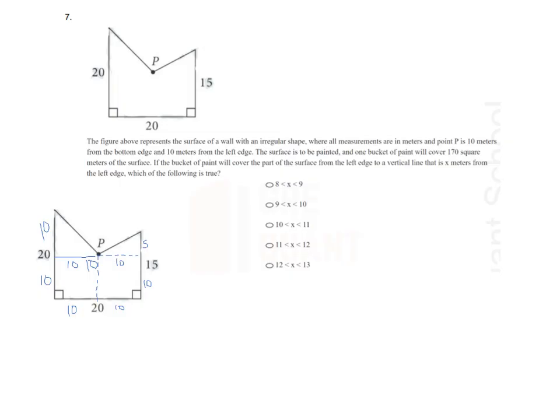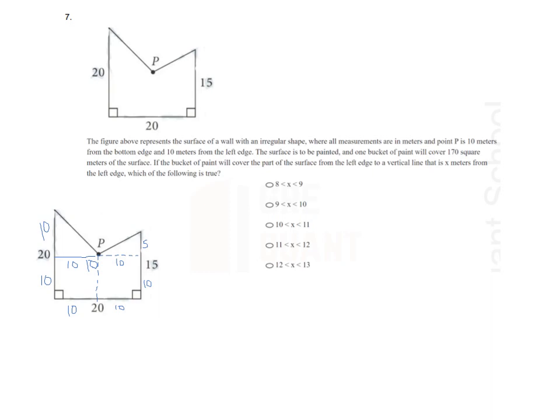So P is 10. Let us draw a line from P to the base and P bisects the base into 10 and 10. Now let us draw two more lines to the right and left from point P, and in the right we got 10 and 5 and in the left we get 10 and 10.